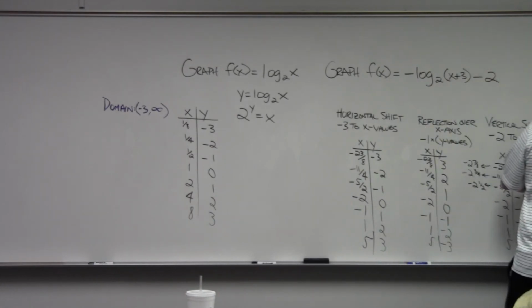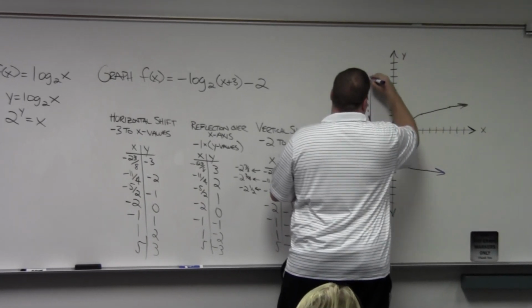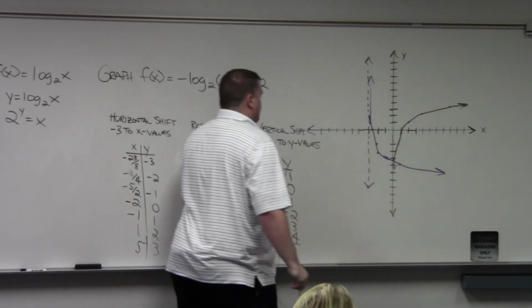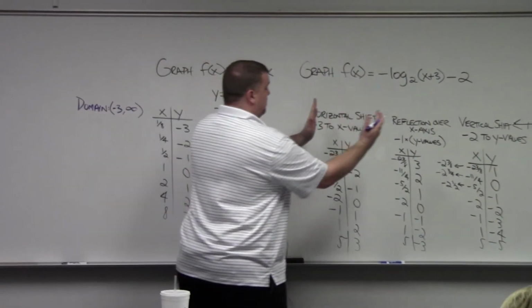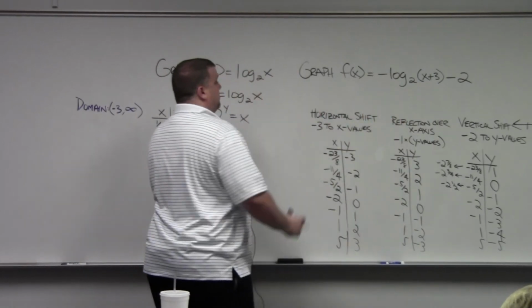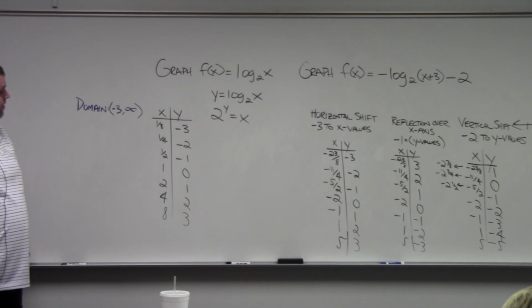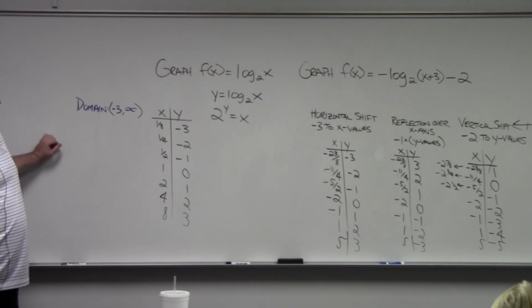Well, draw this a little bit better. Because originally our asymptote was the y-axis, but remember that we shifted left 3, so our asymptote also shifted to the left 3. So our domain shifts to negative 3 comma infinity.